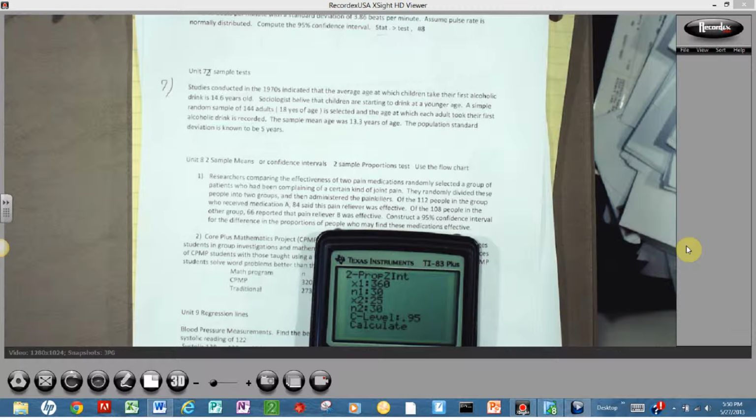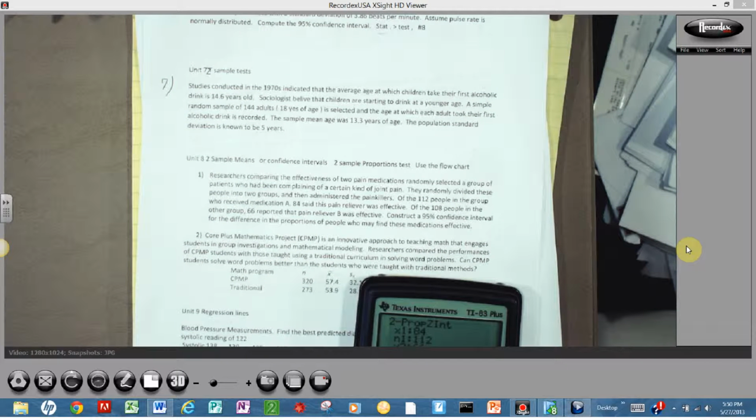The first one was 84 out of 112, and the second one was 66 out of 108. And we want the 95% confidence interval, so I just go down to 95%, calculate.